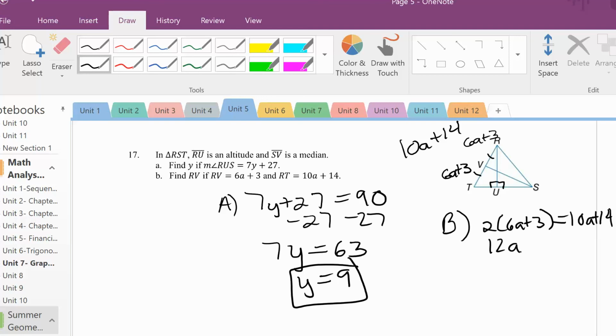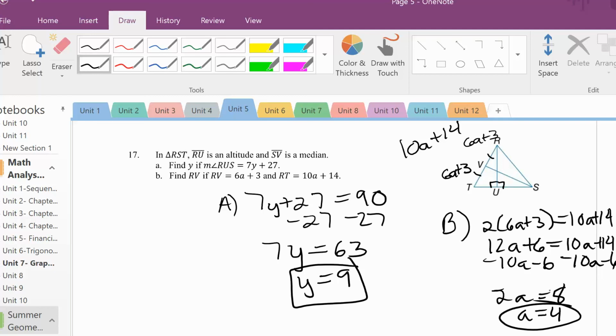So 12a plus 6 equals 10a plus 14. Subtract 10a. Subtract 6. And you get a is equal to 4. So now I want you to find RV. RV is 6 times 4 plus 3. So it's equal to 27.